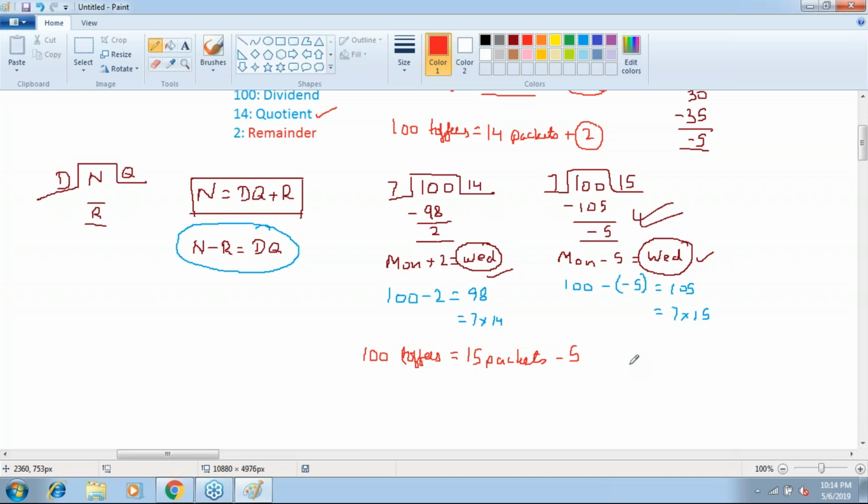So for 15 packets, I had to take a loan of 5 toffees from somewhere, or I fell short of 5 toffees in this arrangement. So any of these things is explained by the negative remainder.